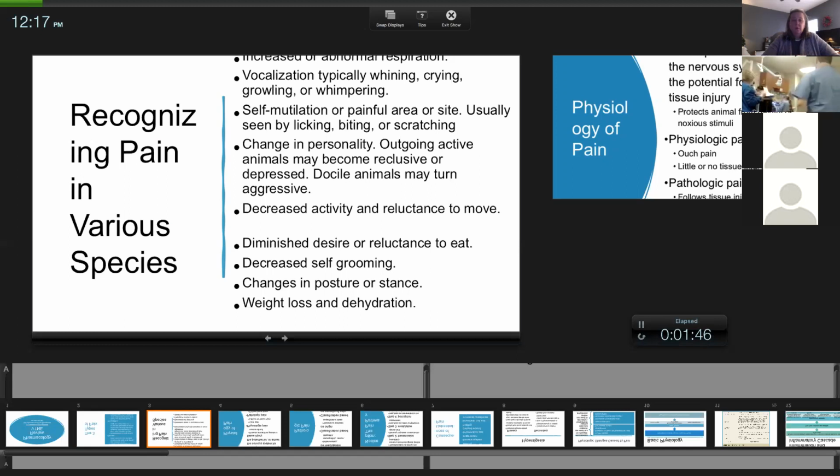A change in personality also as well. Sometimes an owner might complain they're not interacting with the family, or they don't like me to pet them here, or they're hiding in the corner. And decreased activity and a reluctance to move, especially if you have a dog that is very active.